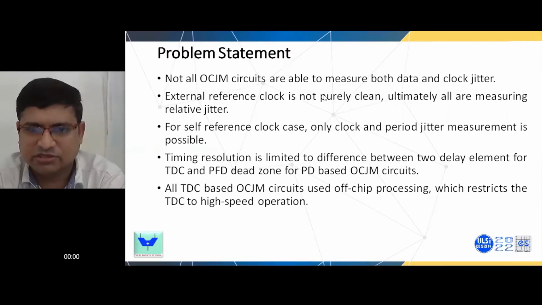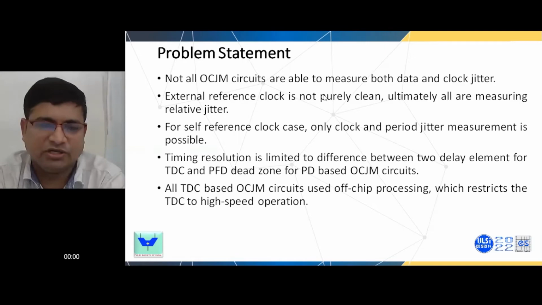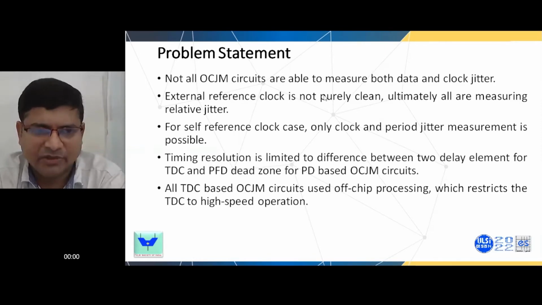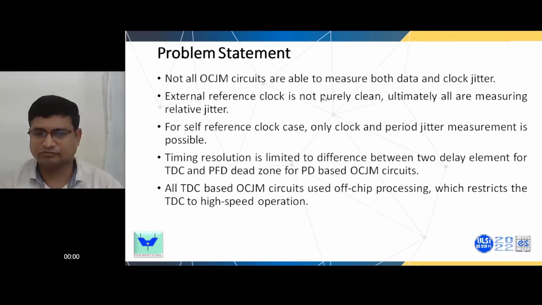In the swap reference clock method, only clock period jitter measurement is possible, not peak-to-peak jitter. Timing resolution is also limited, so very small jitter cannot be measured. TDC-based OCJM circuits use off-chip processing, which reduces the speed of operation.